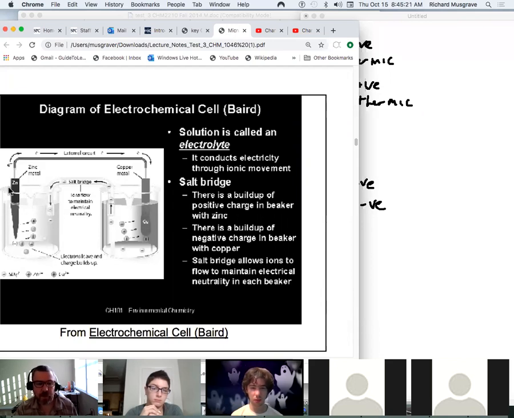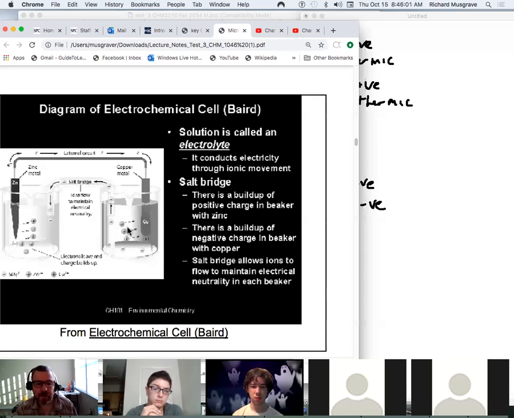How effective this is, or how many electrons we get, or how much voltage we get, is going to be determined by the difference in voltage in these two systems, which we'll get to in a little bit. The solutions here are called electrolytes. They conduct electricity. You'll also notice something else here called the salt bridge. If we don't have this salt bridge, it won't work at all. The zinc is turning into zinc 2 plus, and the copper 2 plus is turning into copper.